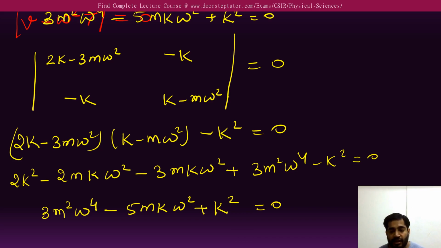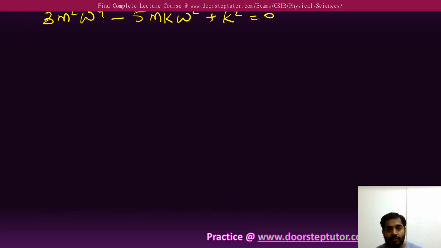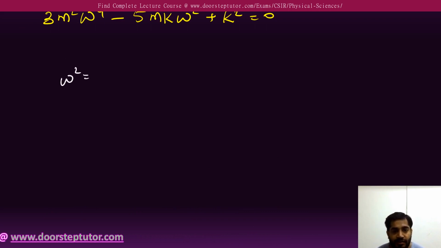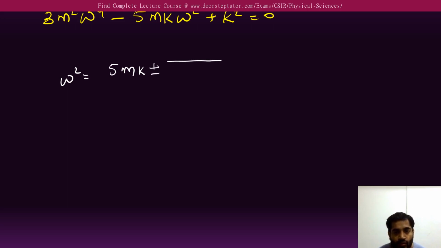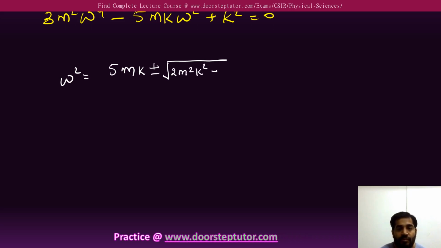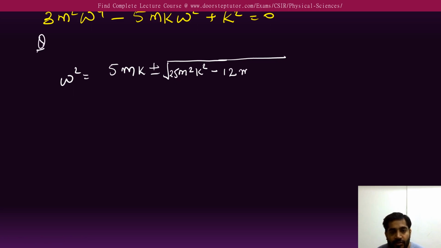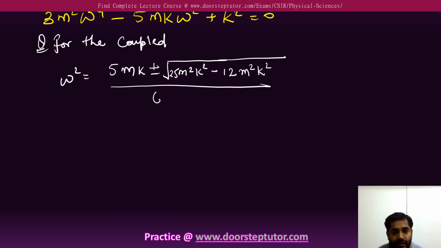Now we will apply the Shridharacharya method to solve this equation. Omega square equals minus b, that is 5mk, plus minus root of b square, that is 25 m square k square, minus 4ac, that is 12 m square k square, over 2a, so 6m square.